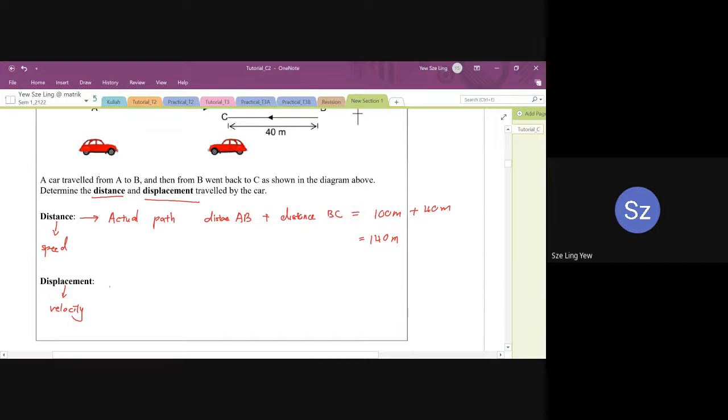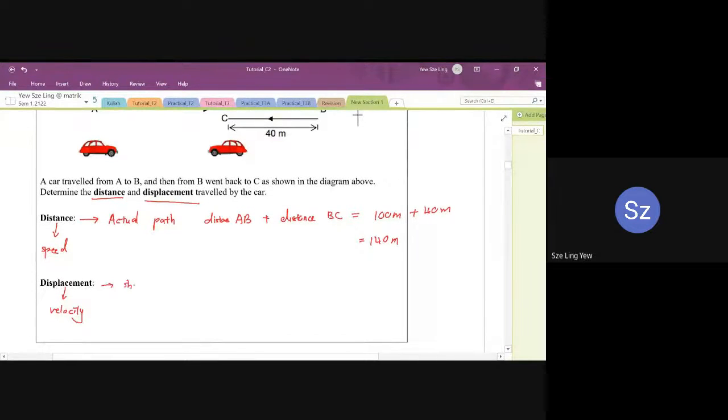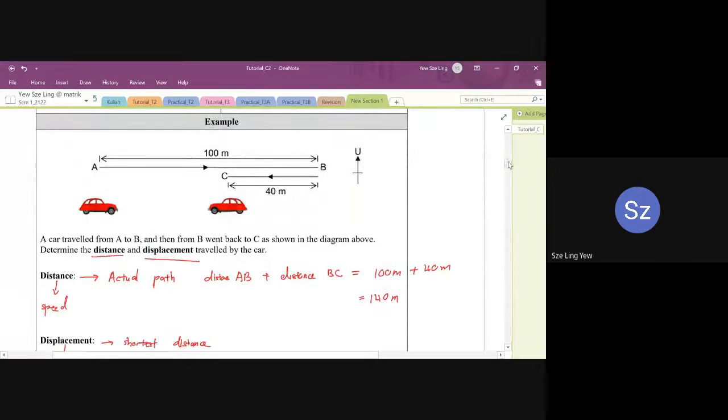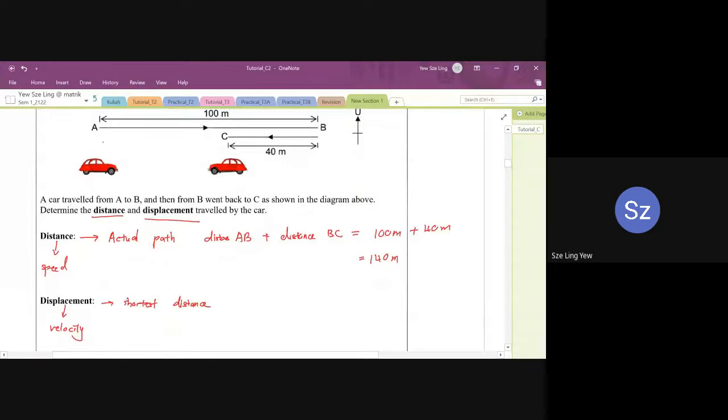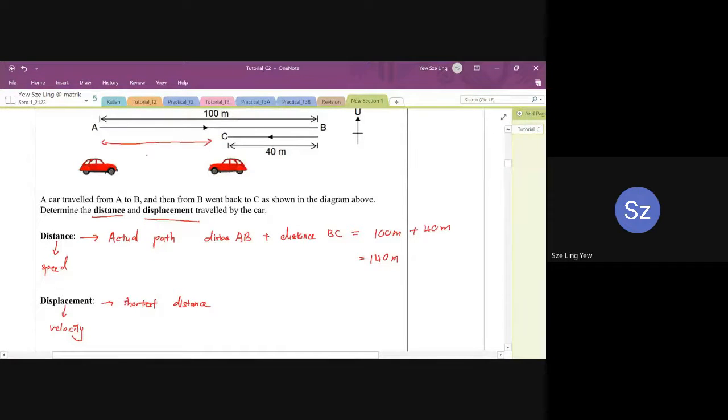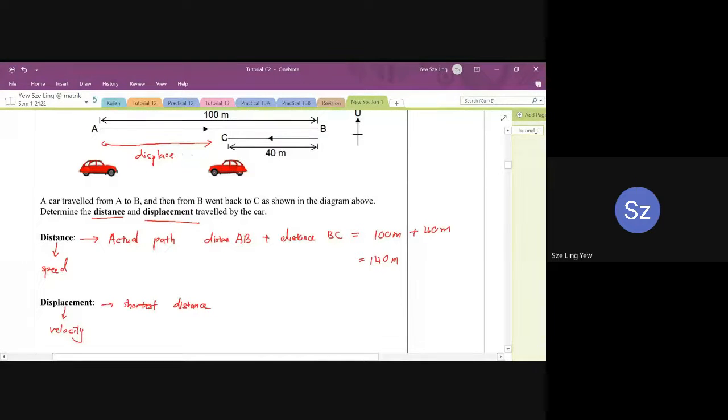For displacement, we're looking at the shortest distance. In this case, if you have a diagram, it is very simple. You just have to look at the diagram. You want to know the distance between the initial and final position. This is our displacement.